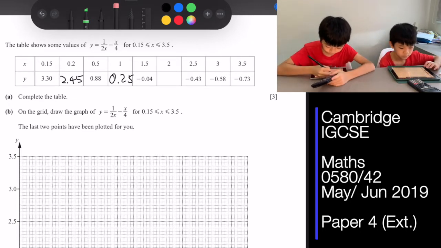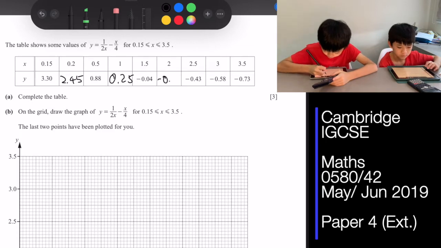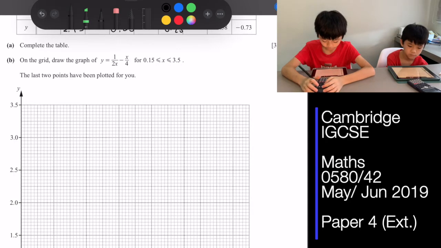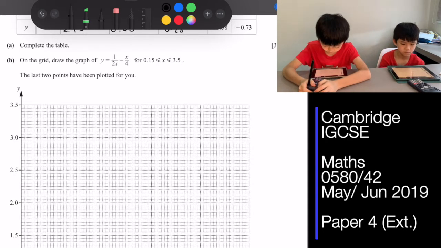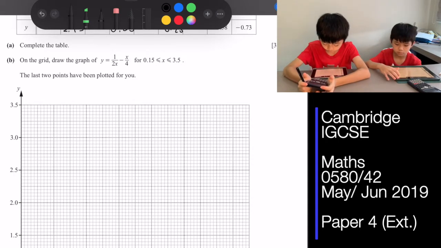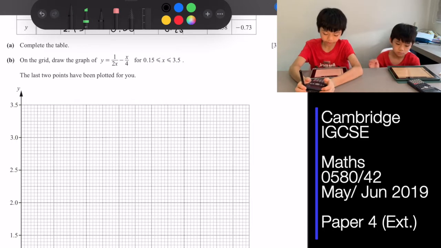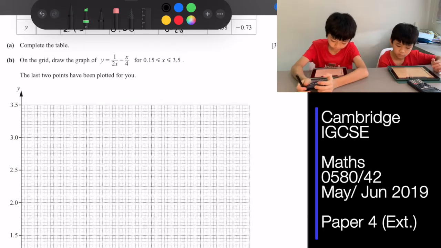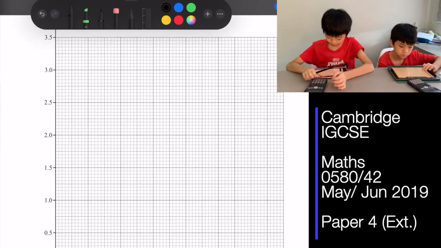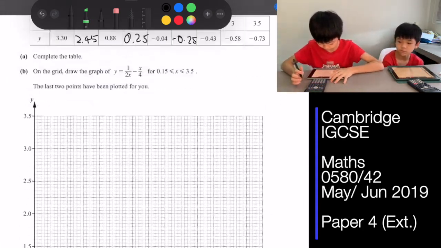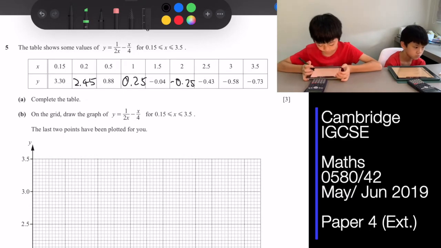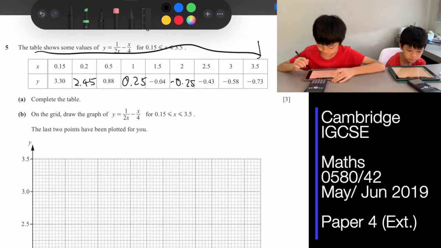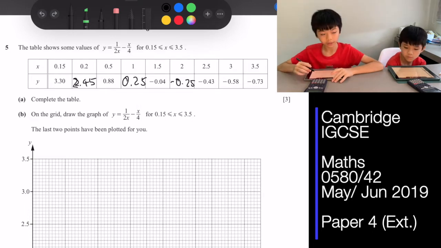That's it for the table. On the grid, draw the graph of y equals 1 over 2x minus x over 4 for 0.15 ≤ x ≤ 3.5. The last 2 points have been plotted for you. Now, we'll work from the start.